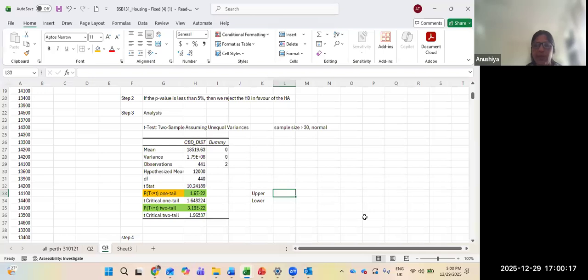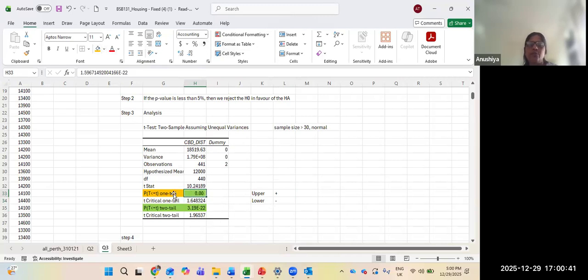If you get a positive value, that is the upper tail p-value. If you get a negative value, that is the lower tail p-value. So in this case, we have the upper tail p-value since we have the positive value.